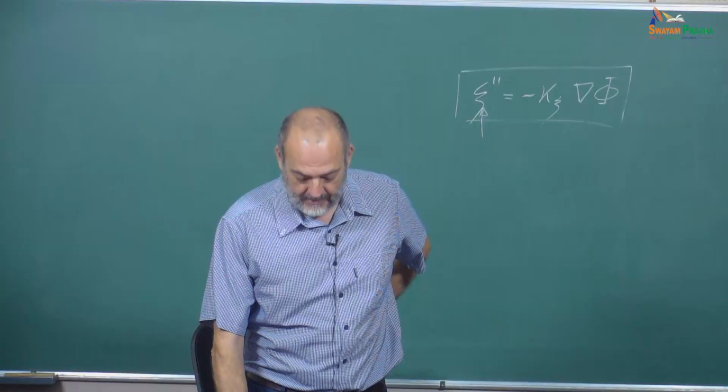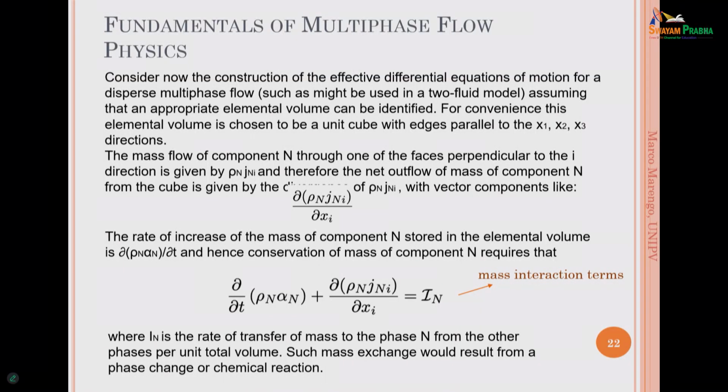So this is the net flow. So we can write the classical conservation of the mass. I'm not repeating the demonstration, it's just what we have done before, in the hour before.